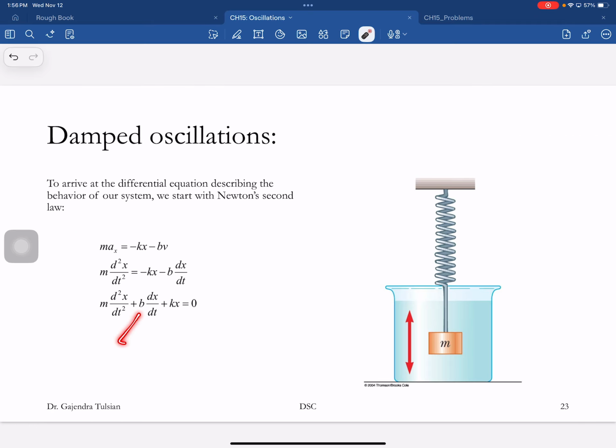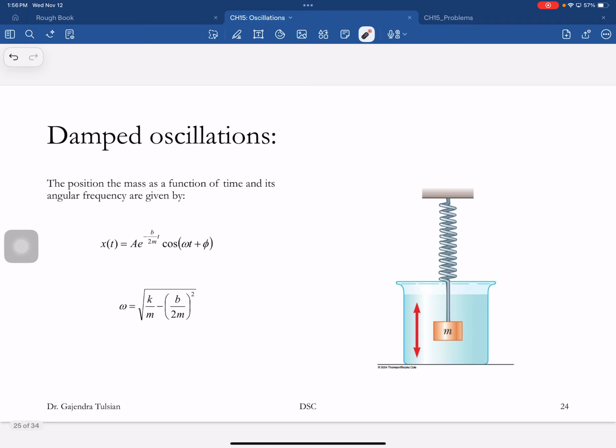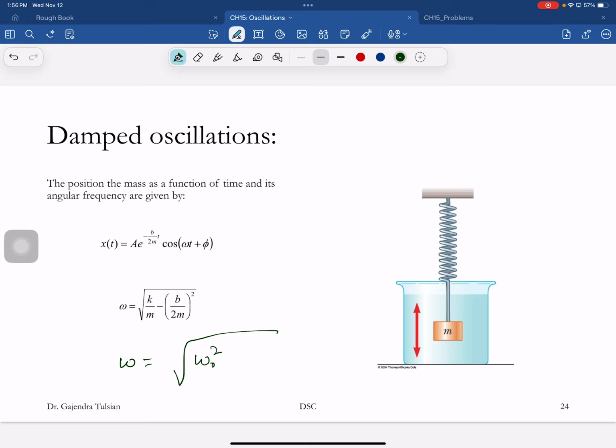And we'll remember that, so it'll be important, like I said, in a little bit. Okay. So with friction present, actually the frequency also changes. So this would be the frequency without friction. The new frequency is the old frequency. This is the frequency without friction, which is the square root of K over M. Okay, so that was the angular frequency.